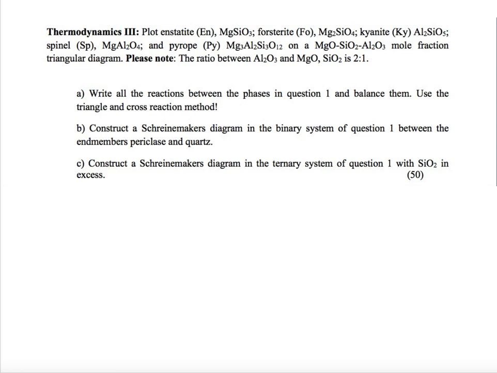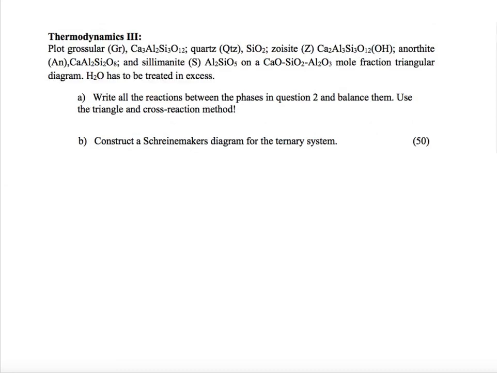You will find for that also some examples in the book which I sent to you, entitled Petrological Thermodynamics, the book from Roger Powell. Here we have the same situation but other minerals.